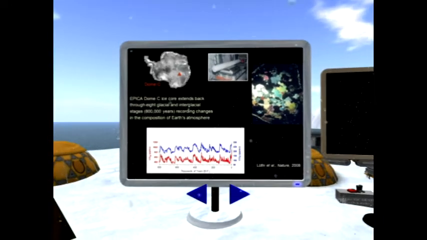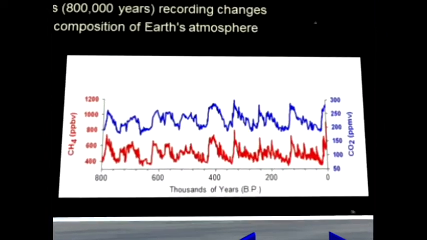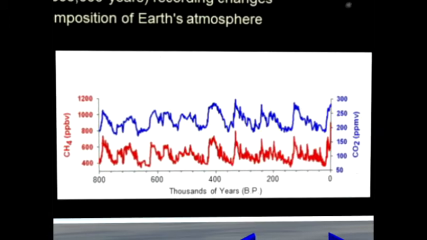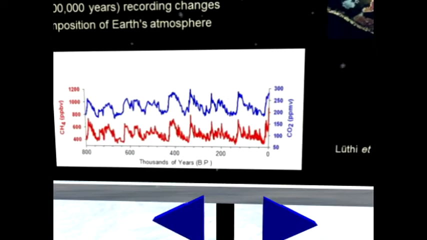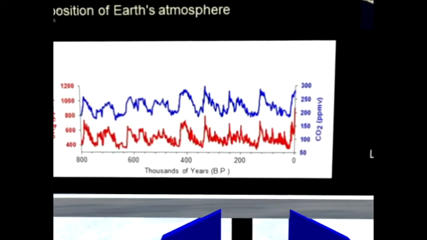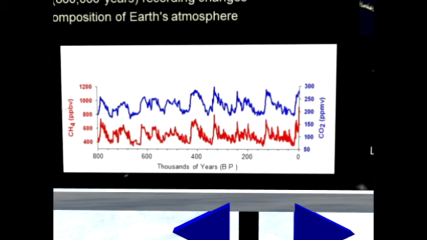If you look at the graph on the bottom, you'll see a red line and a blue line. And on your right is today. The axis on the bottom is time. So if you look at the graph on the right and then look to the left, you'll notice that those curves go up and down about 8 times.